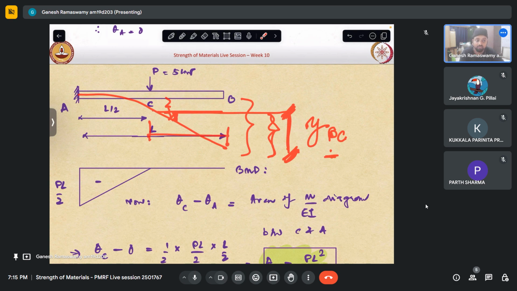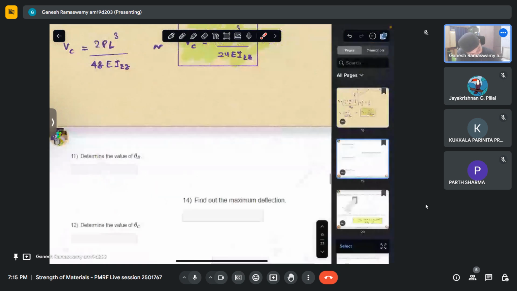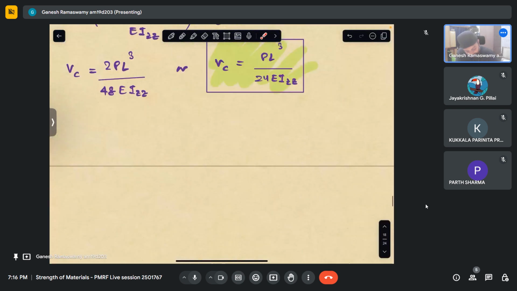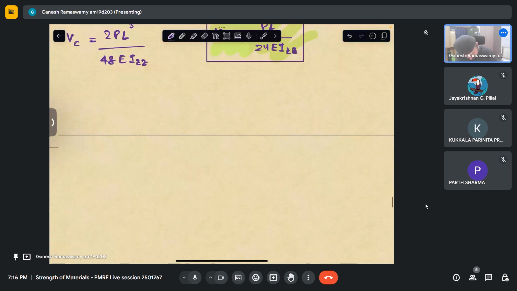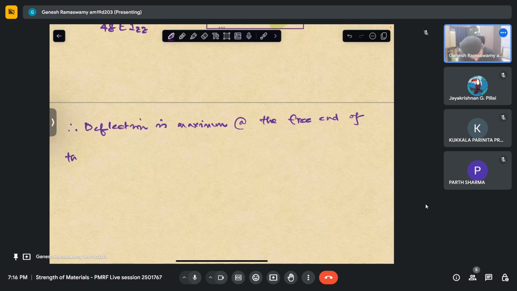So therefore, deflection is maximum at the free end.